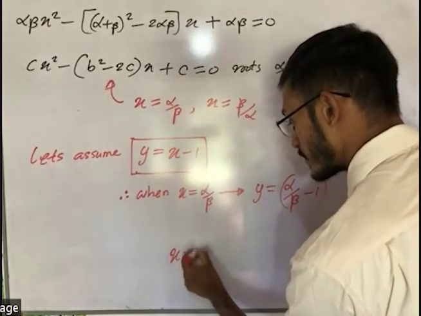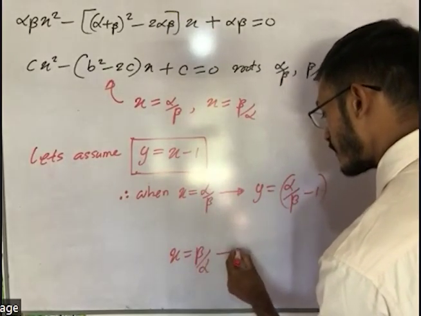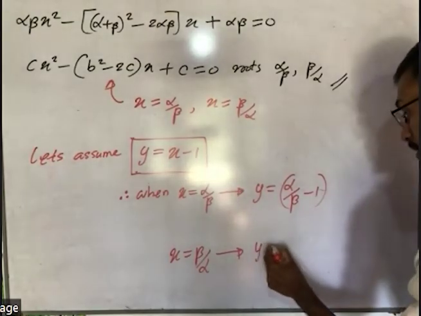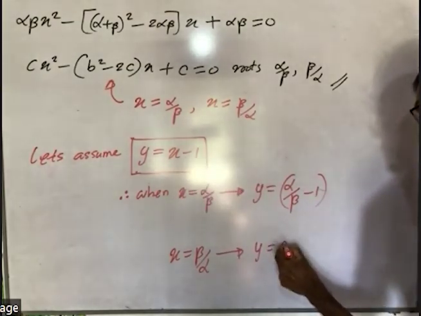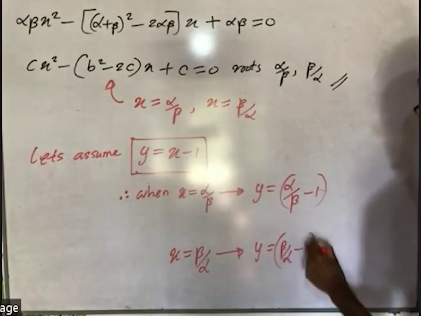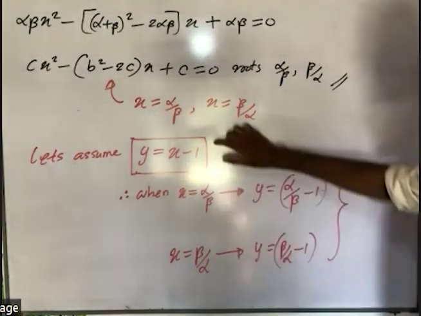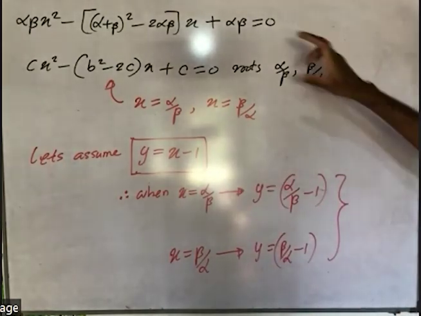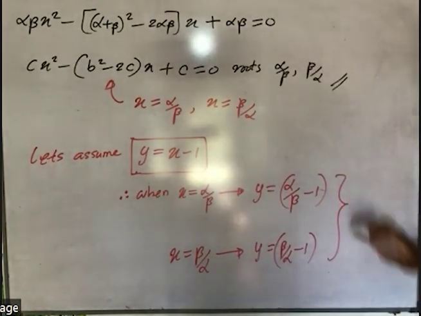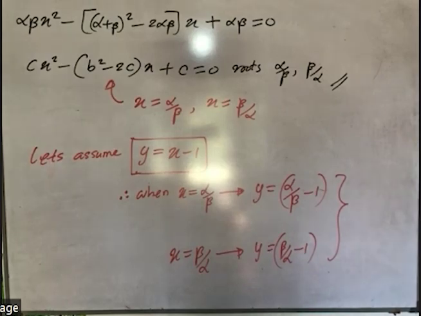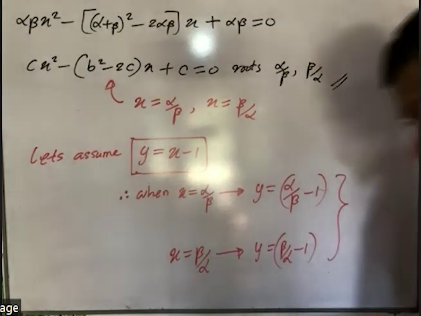When x equal to beta over alpha, we will get the y value as beta over alpha minus 1. So if you look at this, these are the roots that we want, right? So if you use this conversion, you can change this equation to the equation we need, right? First write down this, then we can continue.